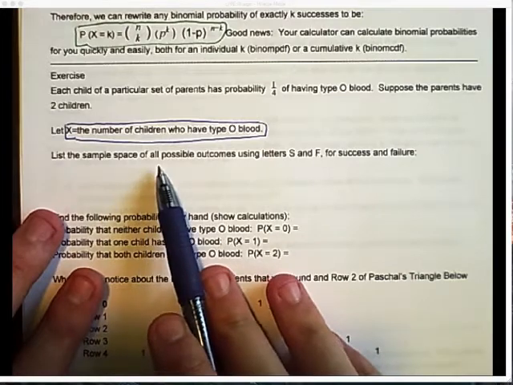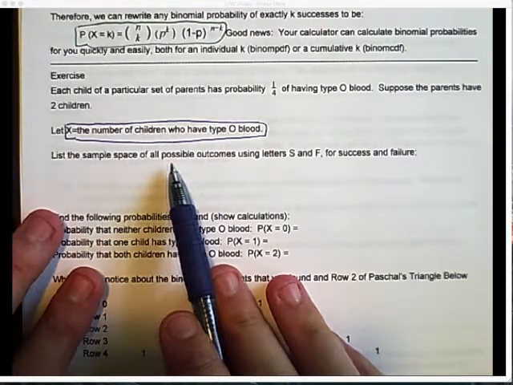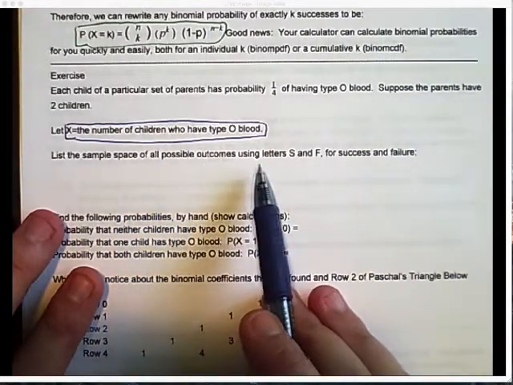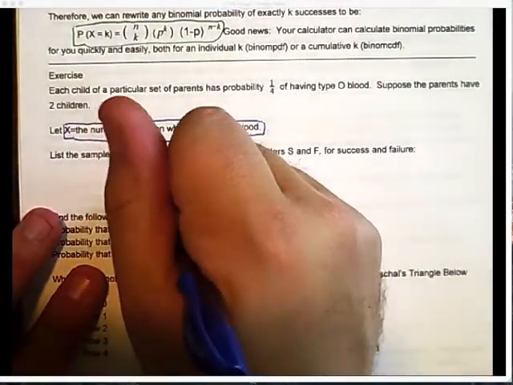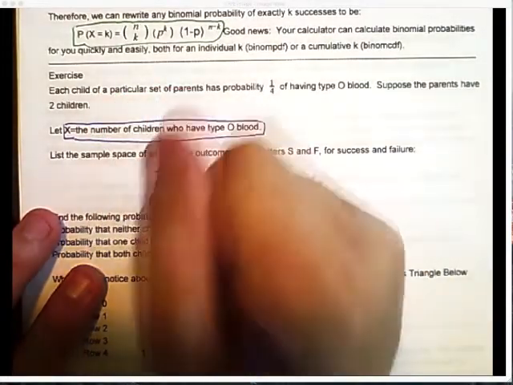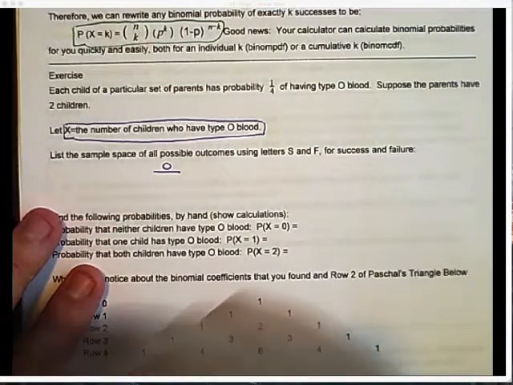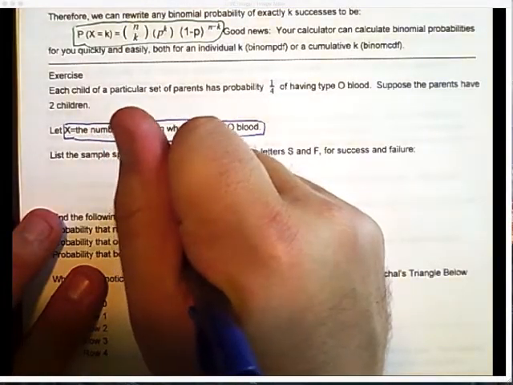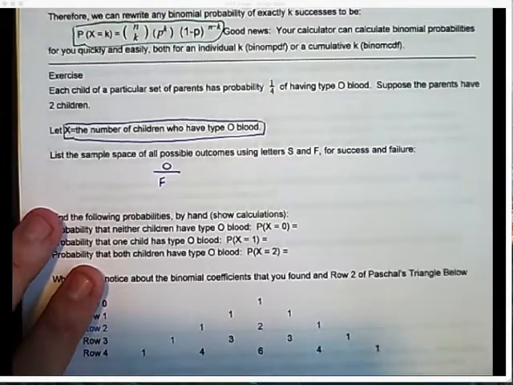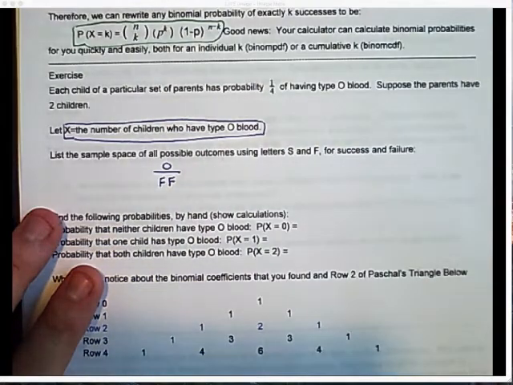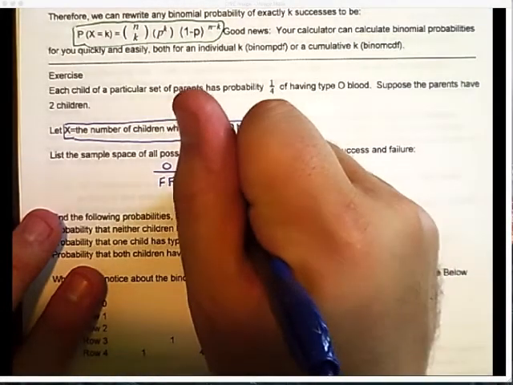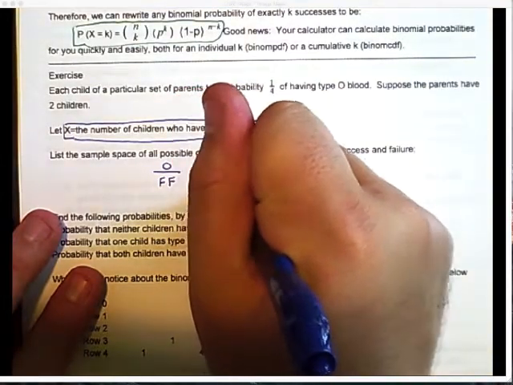It says list the sample space of all possible outcomes using letters S and F for success and failure. So for example, if I have no children with type O blood, how does that happen? That means the first child is a failure with regard to type O blood, and the second child is a failure. Now, how can I get 1 child to have type O blood?